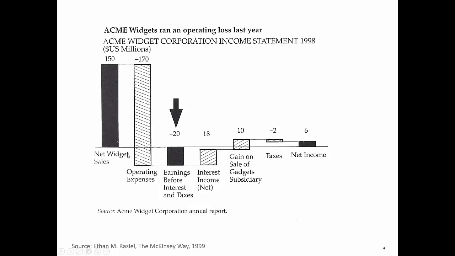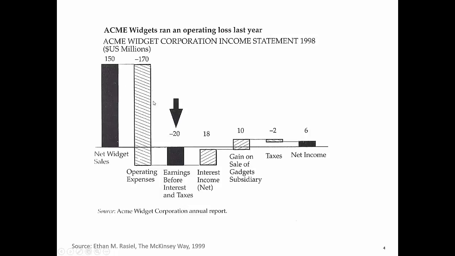So we have a black column here for sales. And then we have operating expenses, which are actually bigger than sales, which means that we end with a negative EBIT here, and then with some interest income, gain on sale of gadgets, subsidiary, and so on, we finally arrive at a positive net income.